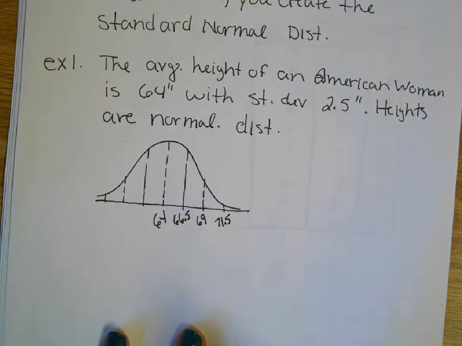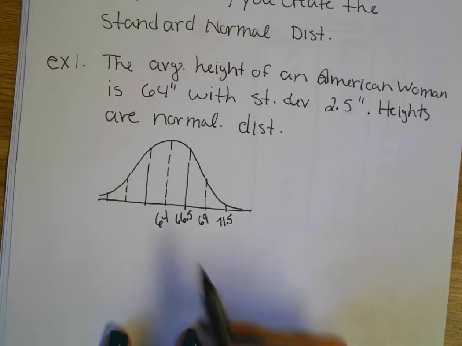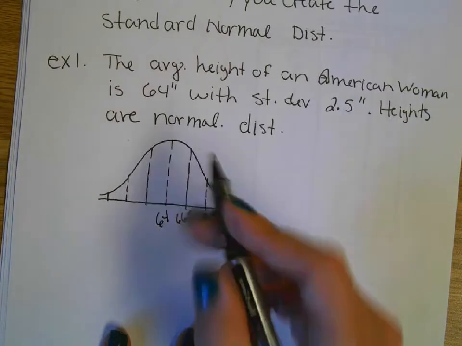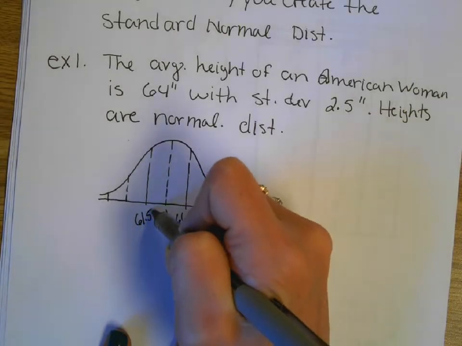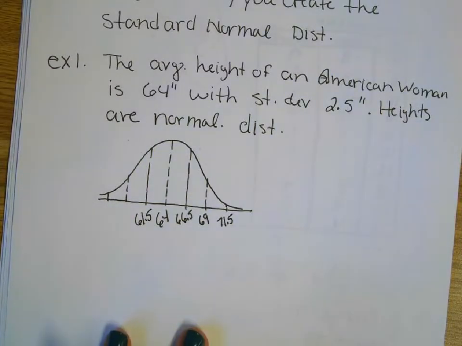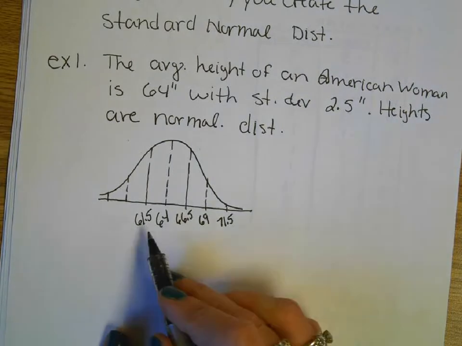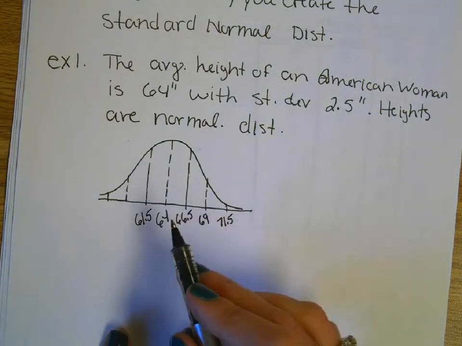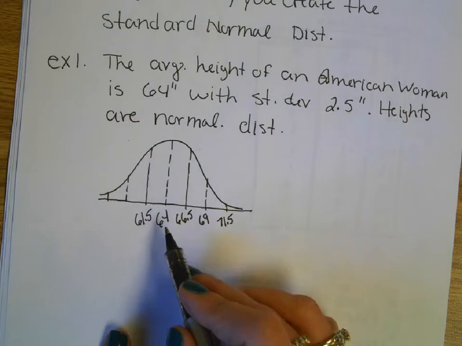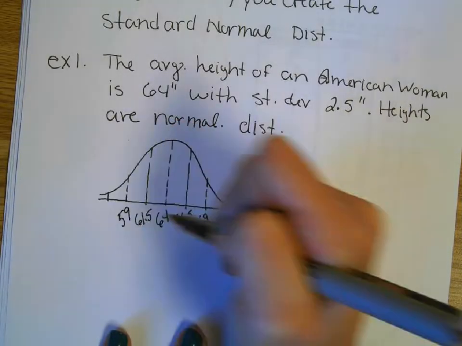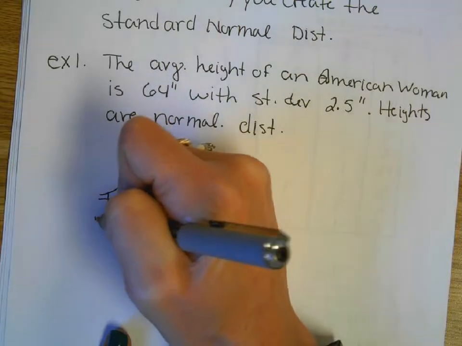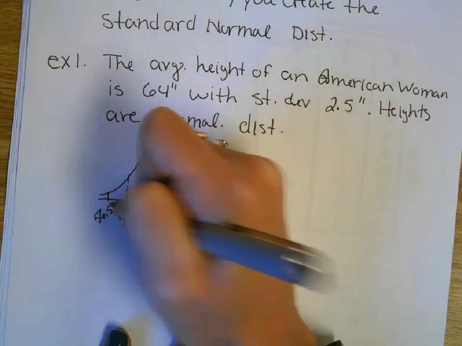And then to get the 3 below, you subtract 2.5, 2.5, 2.5. So that will be 61.5, 59, and then 56.5.